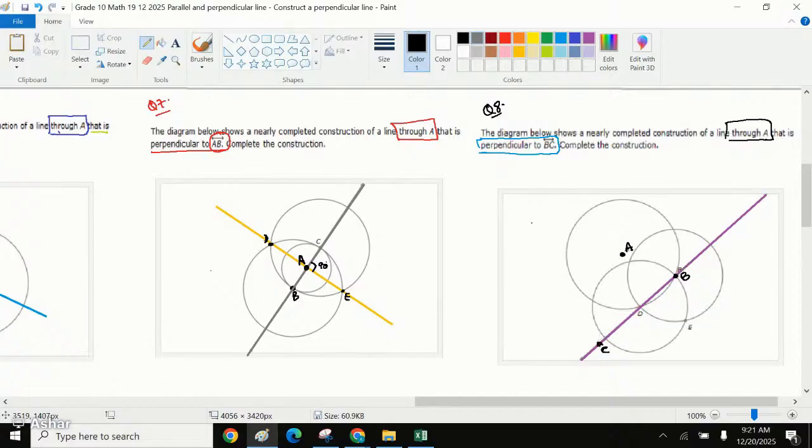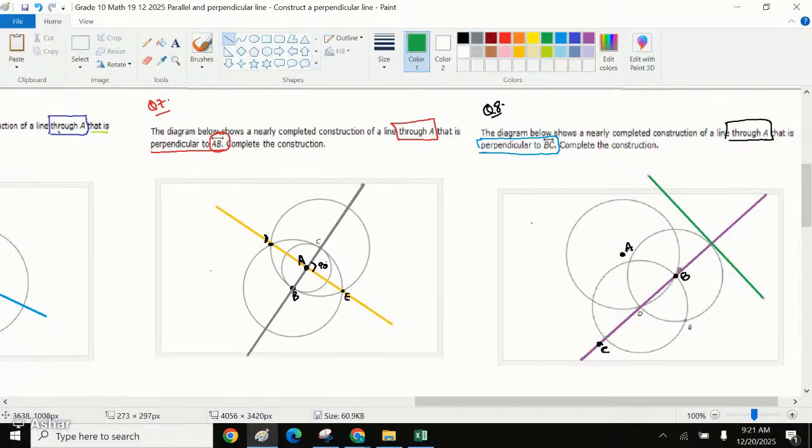So now we have to find a line that is perpendicular to this line. In order to find a perpendicular line, can we say the line was being drawn something like this? Can we say this is a perpendicular line to the line BC? Yes or no? Yes. It is a line perpendicular to the line BC, but it is not fulfilling the condition.